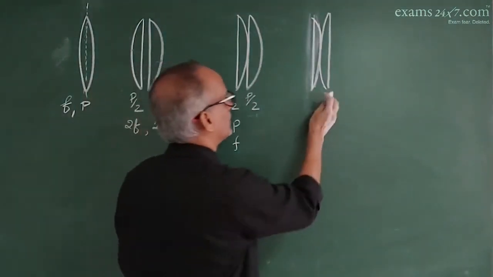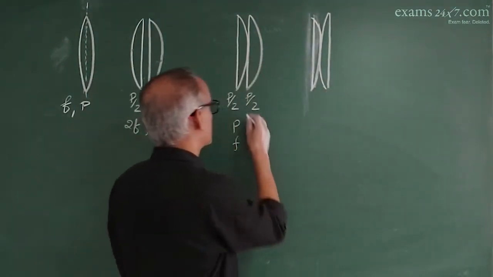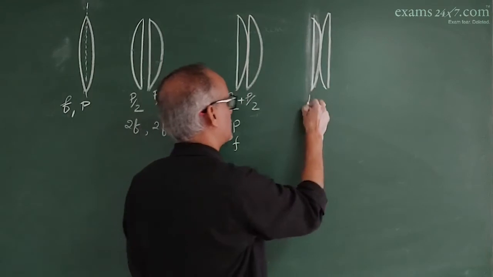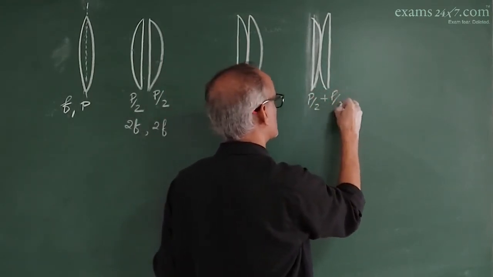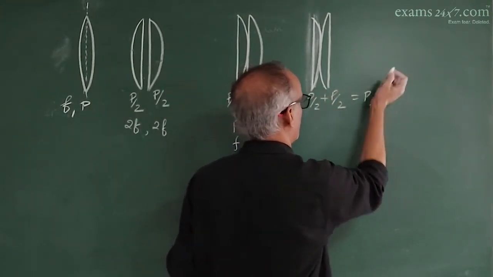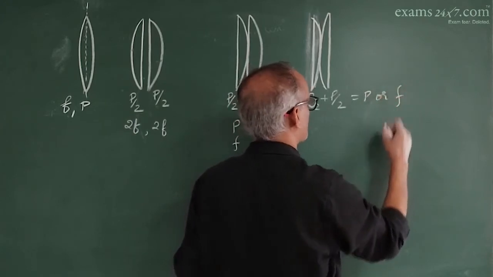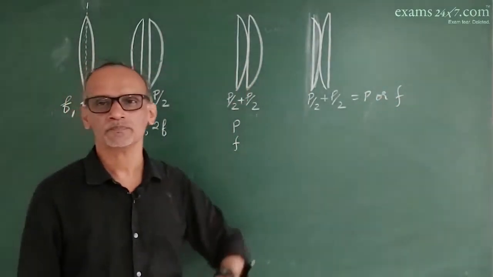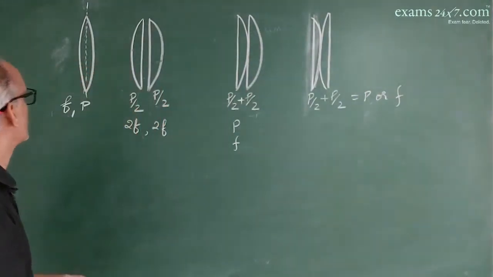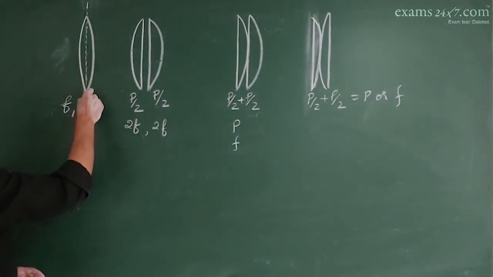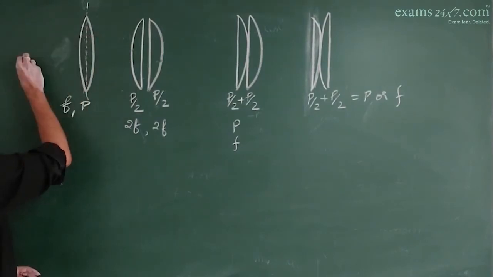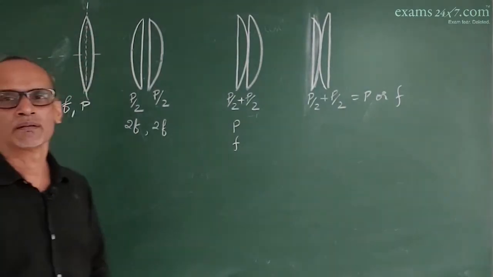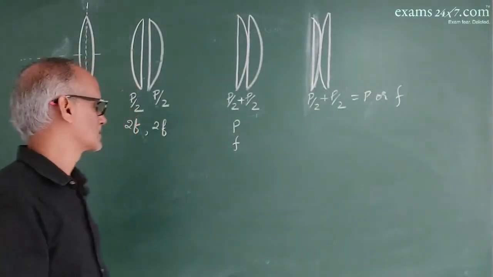Here also, when these two are placed in contact, the powers get added up, P by 2 plus P by 2. So the effective power becomes P and the focal length becomes f. So this is one of the situations where a lens is cut in a plane perpendicular to the principal axis of the lens.